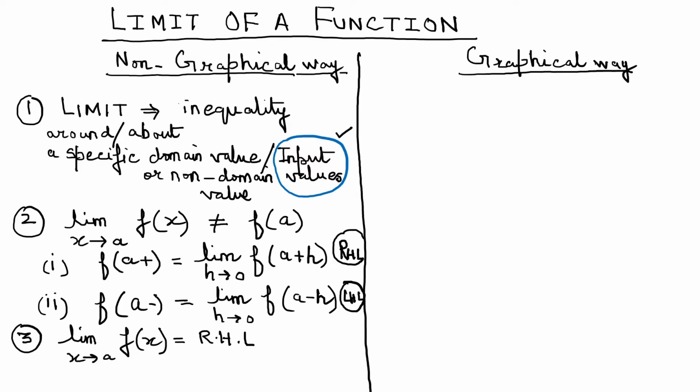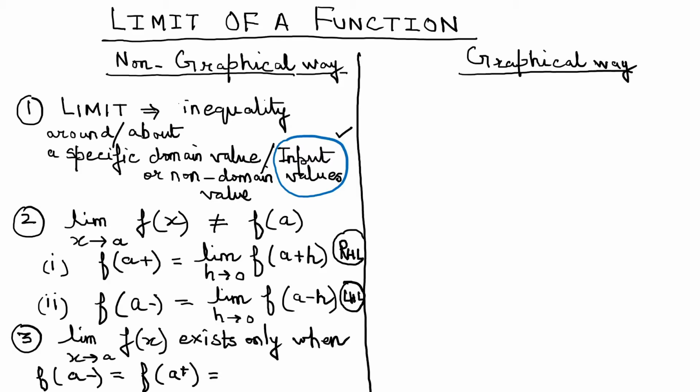So let me put it once again. The point that I am trying to make here is the limit of a function f(x) when x tends to a exists only when the left hand limit, which is f of a minus, is equal to the right hand limit, which is f of a plus, is equal to a finite number.